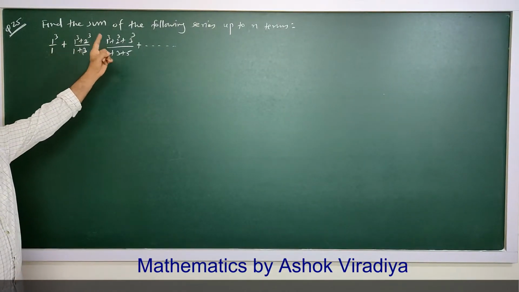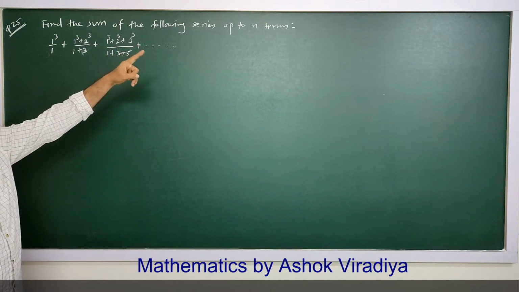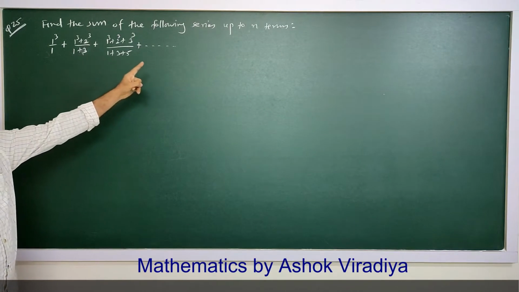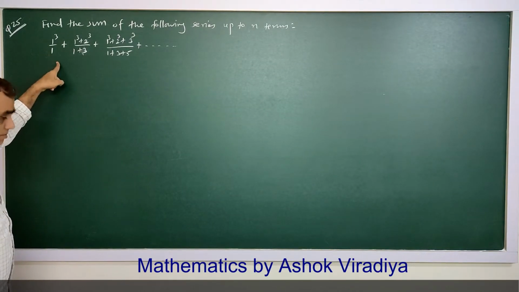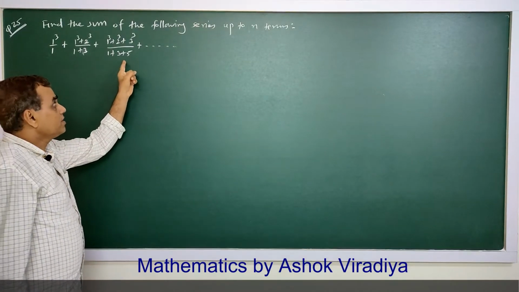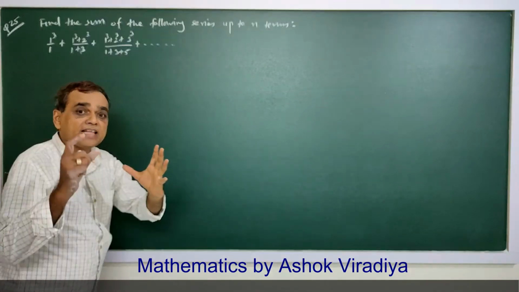Find the sum of the following series up to n terms. We want sum up to n terms. This is the first term, this is the second term, this is the third term. So by observation we put the nth term.